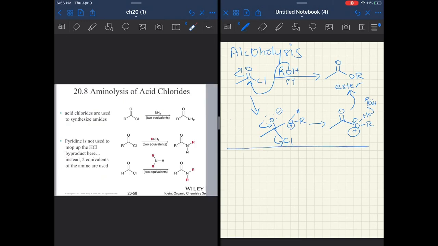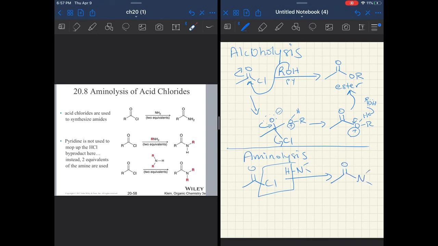Aminolysis works exactly the same way. We're going to take our acid chloride and we are going to react it with either ammonia, a primary amine, or a secondary amine. What's important here is that there is one hydrogen. We are going to still lose HCl, and we are going to wind up making an amide.